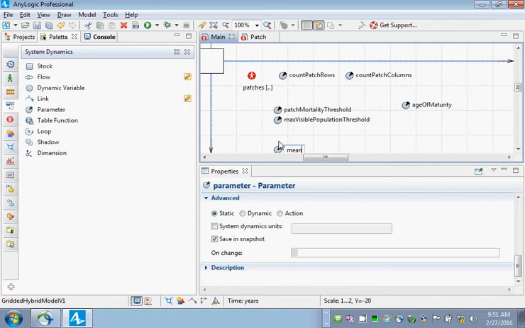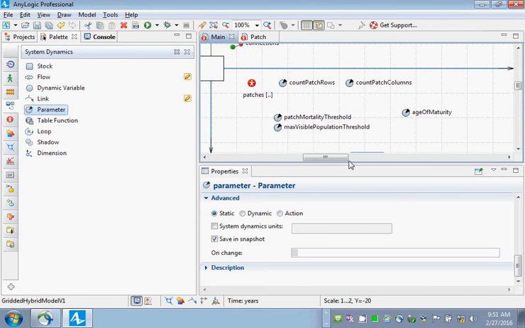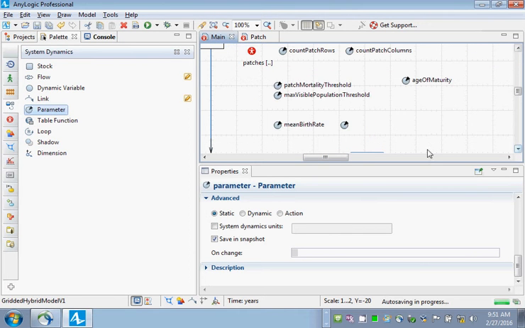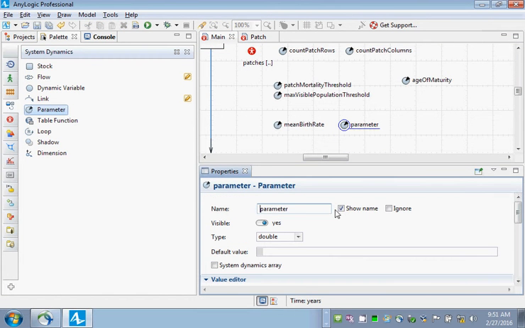This birth rate deviation is going to represent a deviation around that mean value, according to a truncated normal distribution. We can call it standard deviation birth rate, like that. The default value I'd like to assume for standard deviation birth rate is 0.05, and for mean birth rate we're going to assume a default value of 0.1.